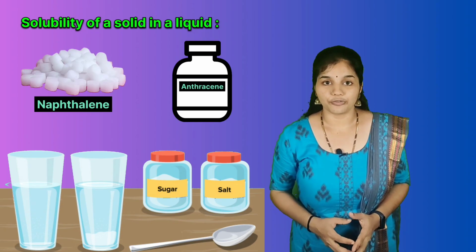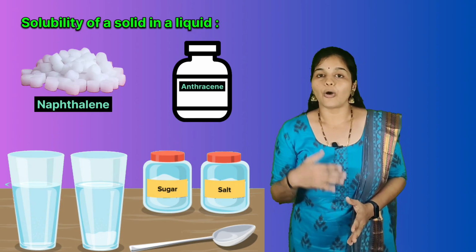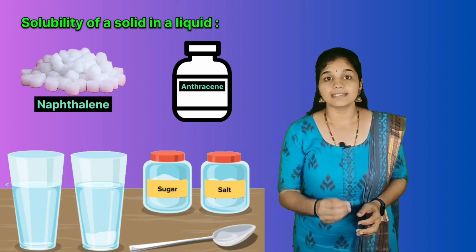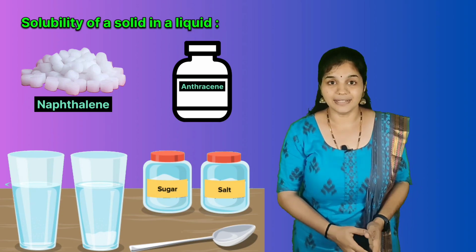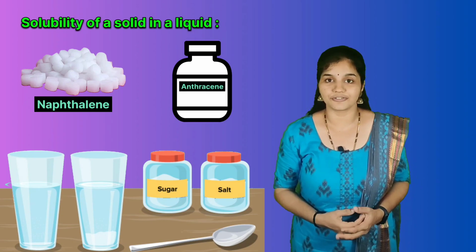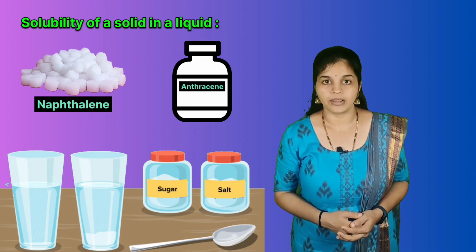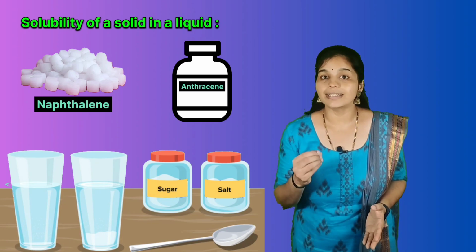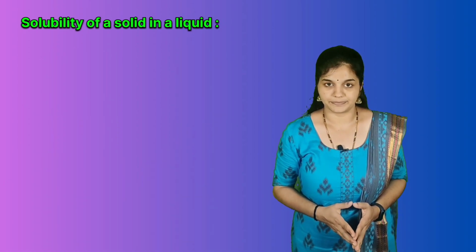They do not dissolve in water. On the other hand, naphthalene as well as anthracene dissolve readily in benzene, but sodium chloride and sugar do not dissolve in benzene.